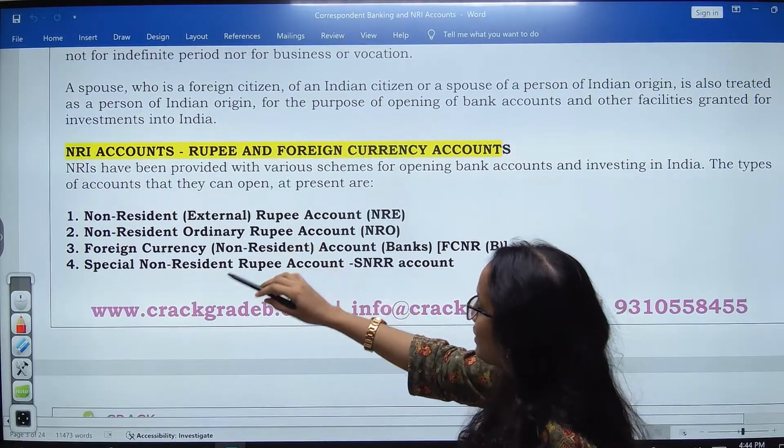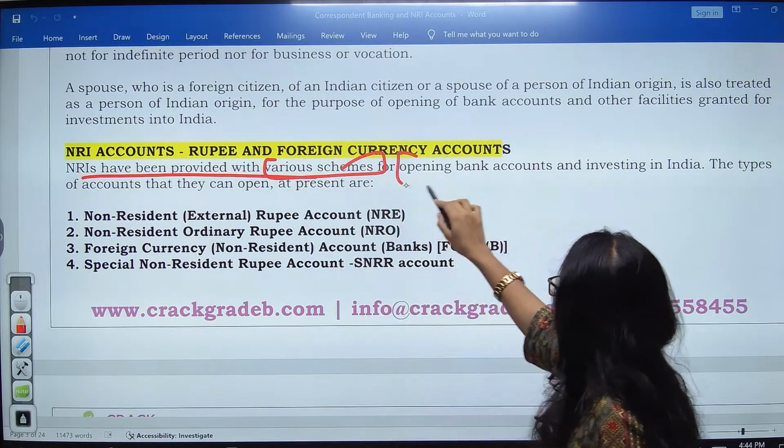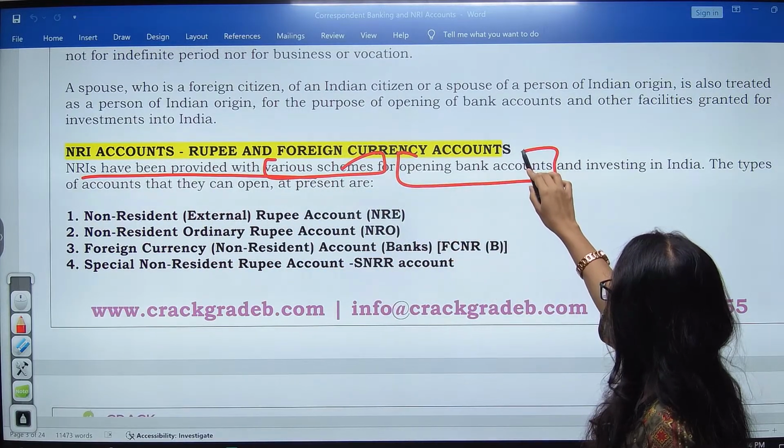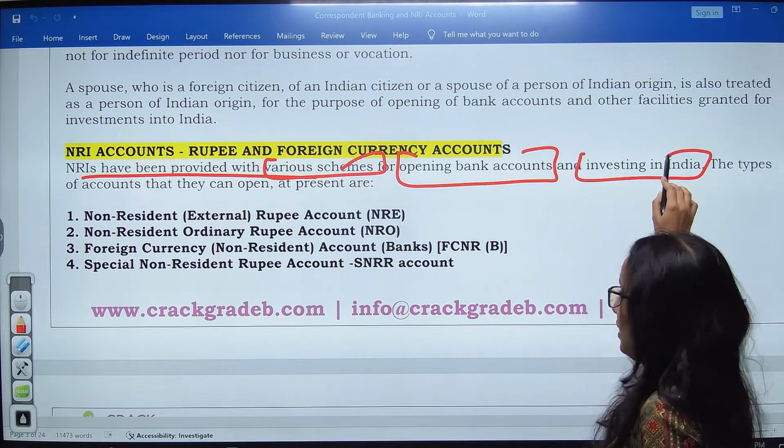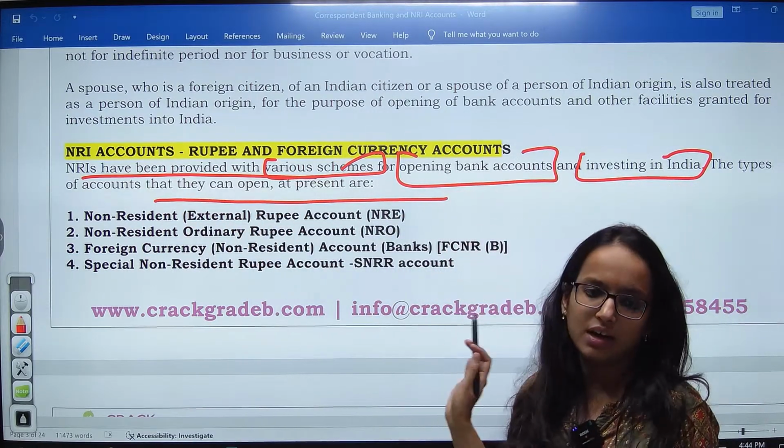So NRIs have been provided with various schemes for opening bank accounts and investing in India. The types of accounts that they can open at present are these.